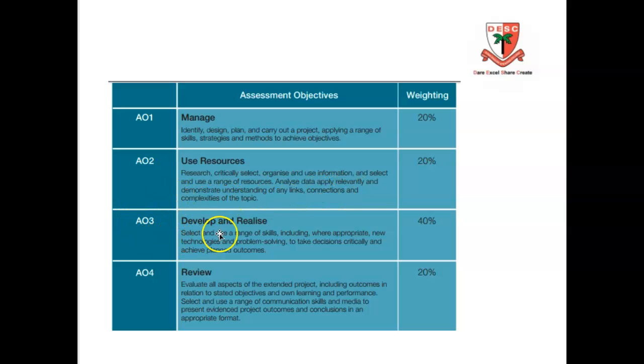They can show, develop and realize skills, AO3, by talking about how they made decisions and achieved planned outcomes and showed resilience and problem solving, etc. And finally, they can show evaluation skills where they critique their performance. So the presentation really is an ideal opportunity for them to reflect upon these assessment criteria and to think, how are they going to address all 4 of these AOs?